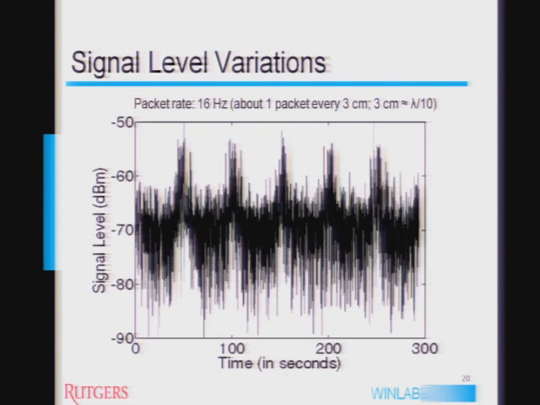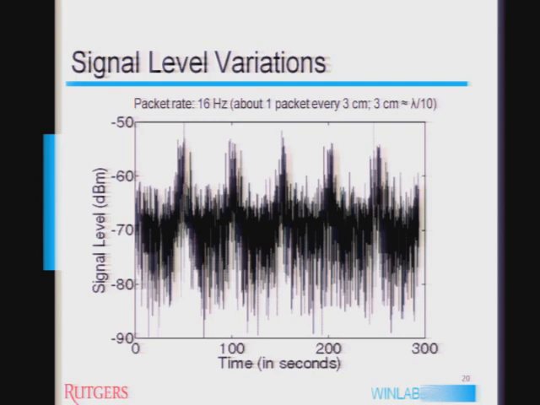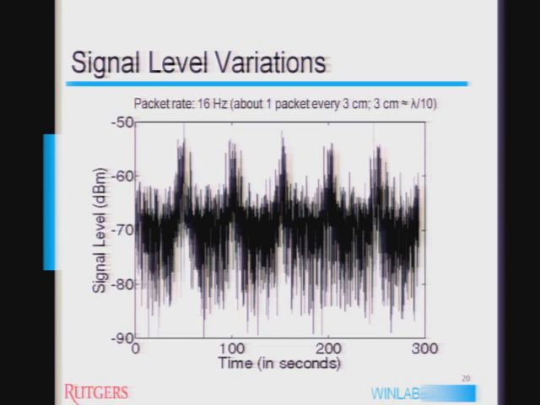As I'm moving close to the receiver, you see the signal going up, and as I'm moving away, it's going down. I completed 6 circles, so you can see I've almost completed those 6 circles by the end of the experimental duration. It was carried out over a duration of 5 minutes. Every data point is a sample, and that's going on while I'm doing this.